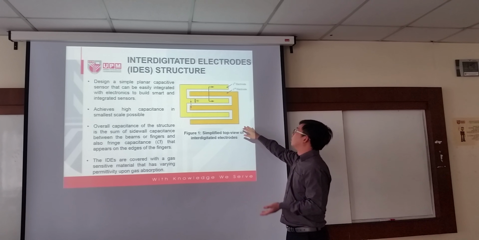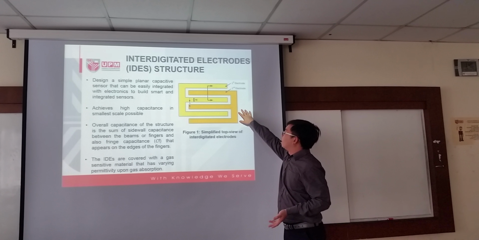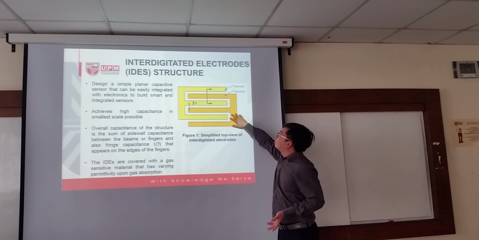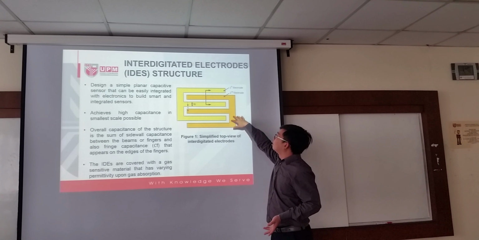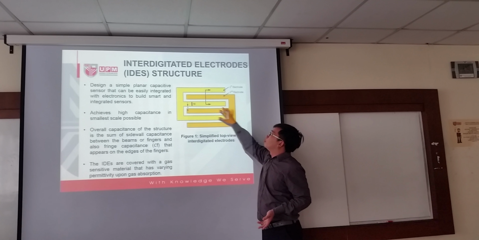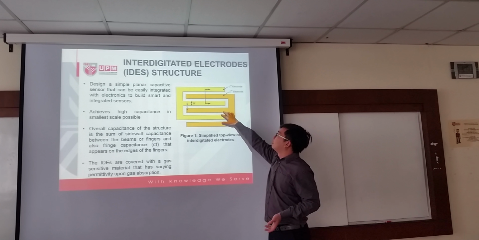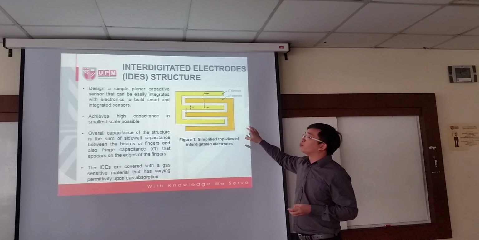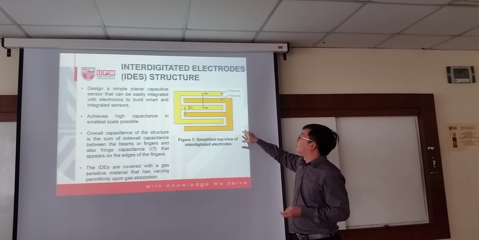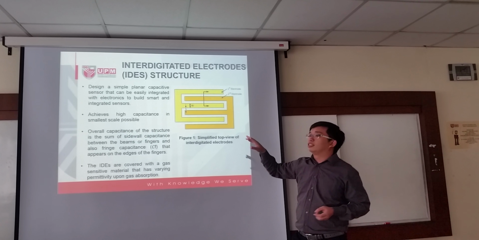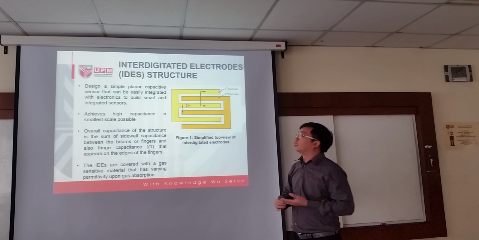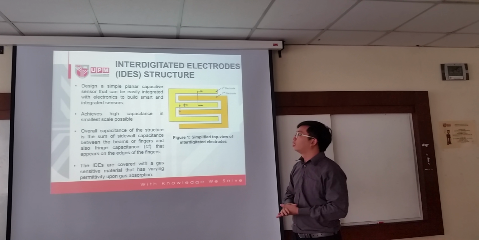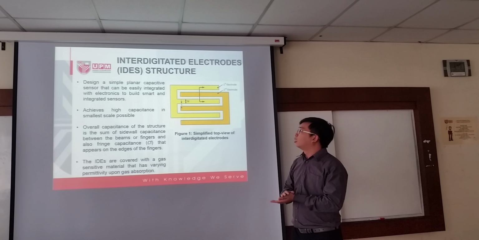This is due to the structure of these interdigitated electrodes, which have a few fingers and beams with the width of W, and they are separated by a space of S. This structure can be modeled as parallel capacitors, which causes the capacitance to be higher than other structures.